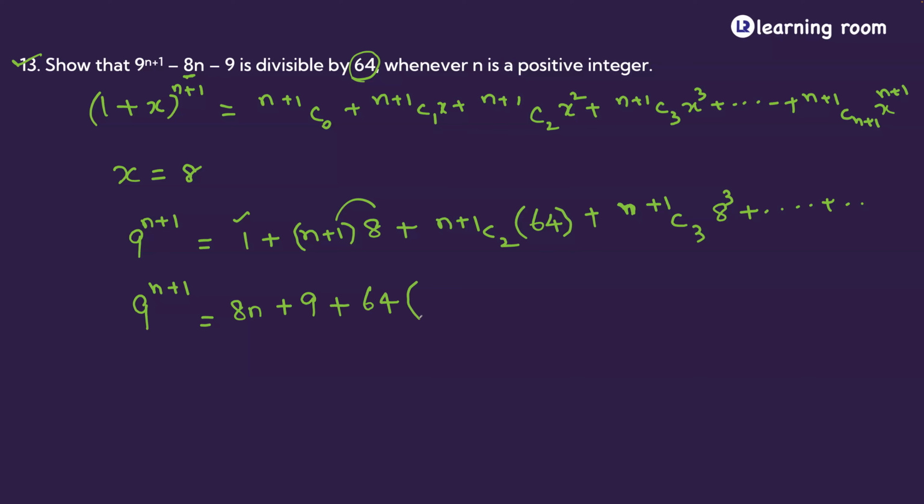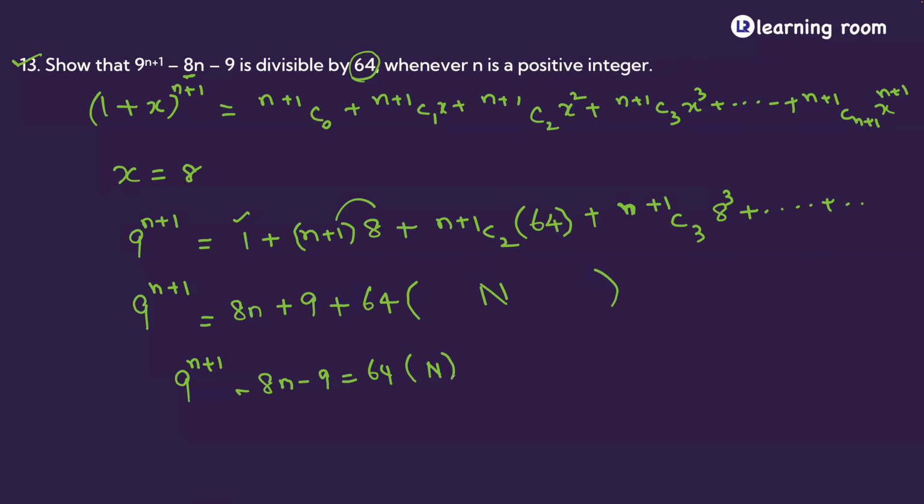The minimum term here is going to be 64 because I can write 8 cube as 64 into 8. So 64 into some number is what I'm going to get. So you will have 9 power n plus 1 minus 8n minus 9 is equal to 64 into capital N.